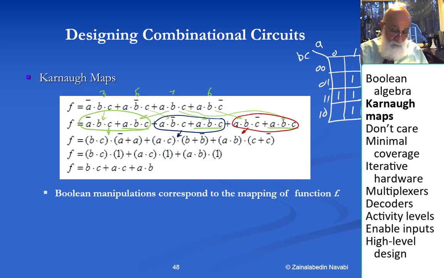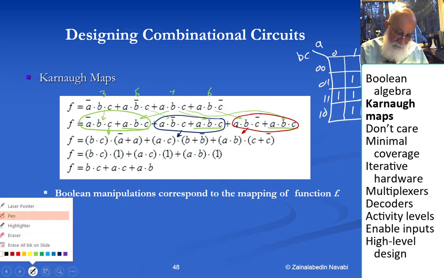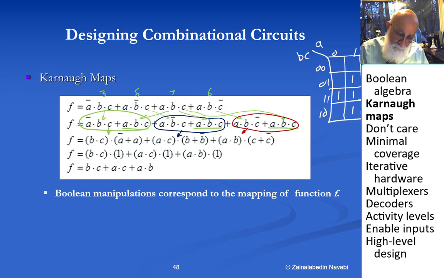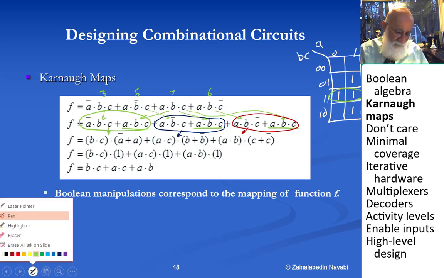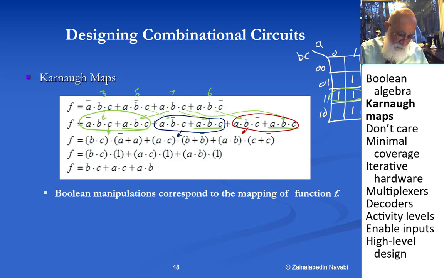What I did was the green one, A bar B C. Let's show that in green. Then I circled these two boxes.